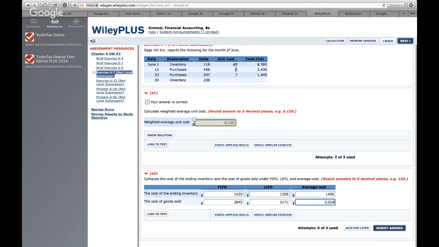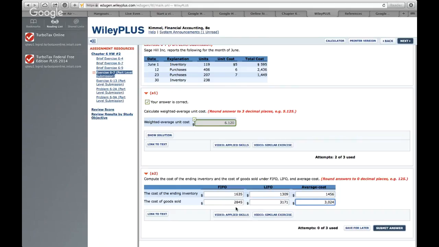Adding those together, you get 1635, which is what I put right here. Then I subtracted the $1,635 from the $4,480 of total cost, and received the number of $2,845.